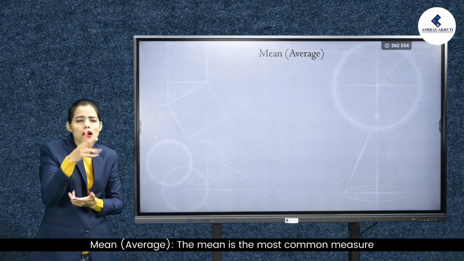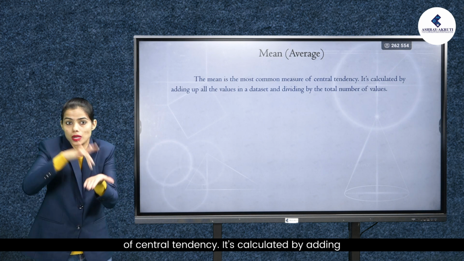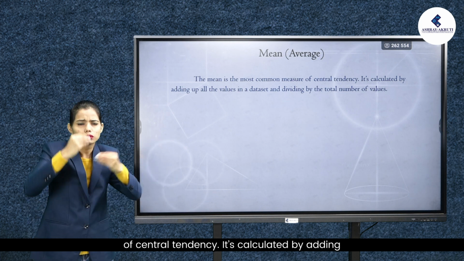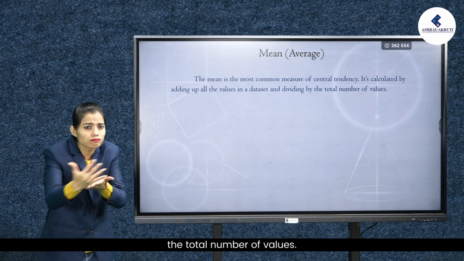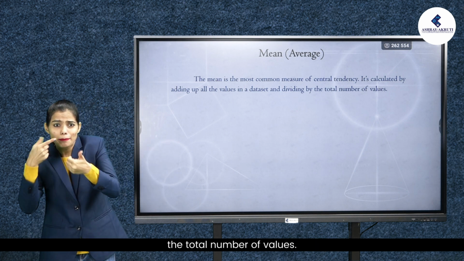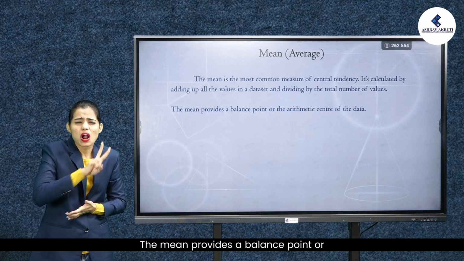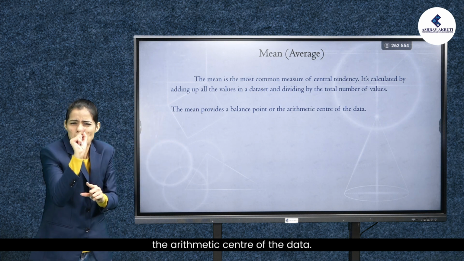Mean, average. The mean is the most common measure of central tendency. It's calculated by adding up all the values in a data set and dividing by the total number of values. The mean provides a balance point or the arithmetic center of the data.